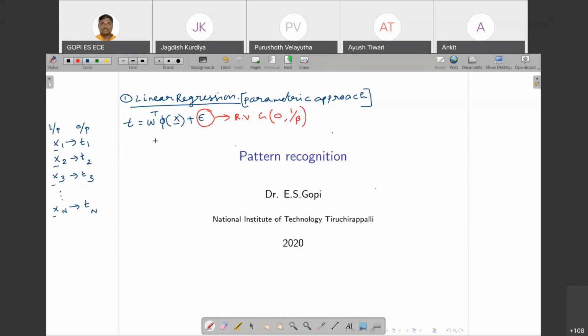How to get this w? Basically, y of x is w transpose phi of x, right?